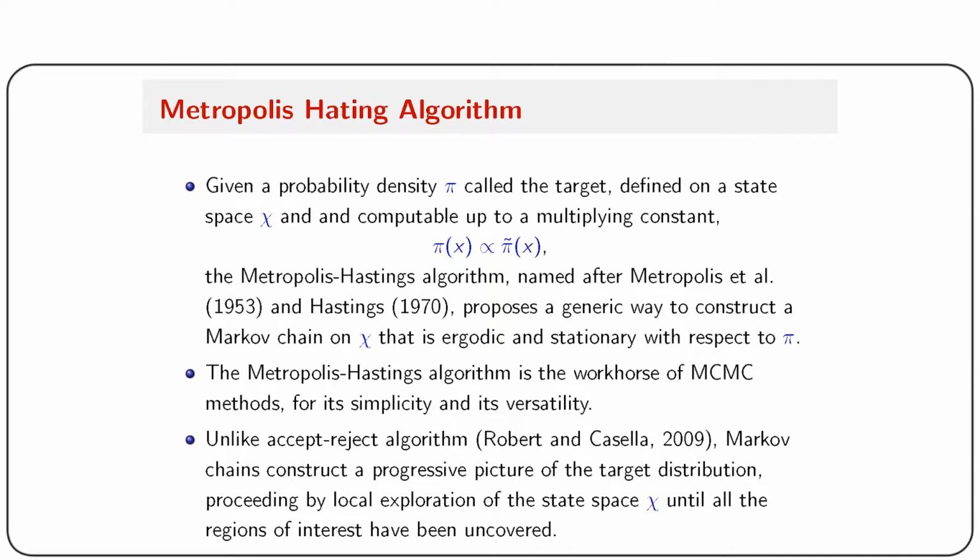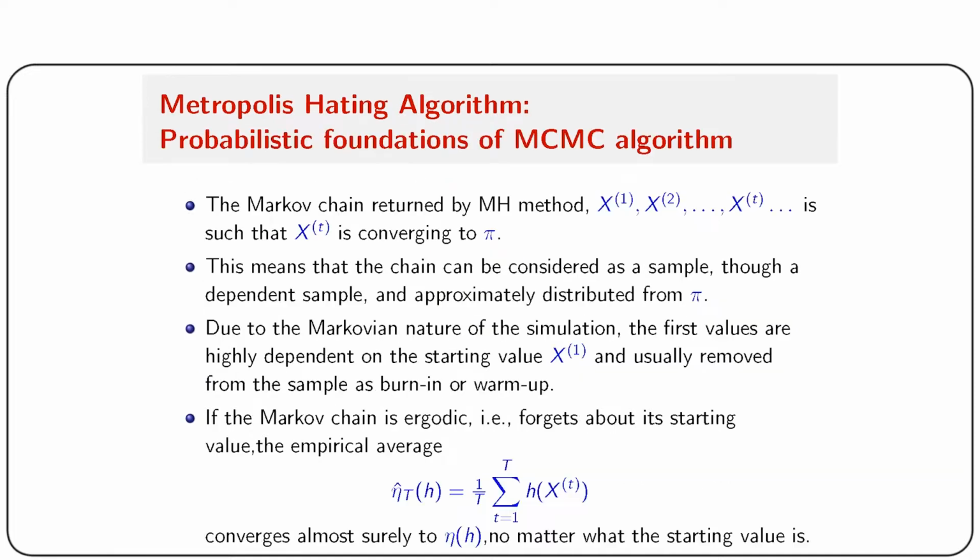Unlike the acceptance-rejection algorithm, the Markov chain constructs a progressive picture of the target distribution, proceeding by local exploration of the state space chi until all the regions of interest have been uncovered. The Markov chain returned by the MH method, say x1, x2, ..., xT, is such that xt is converging to pi.